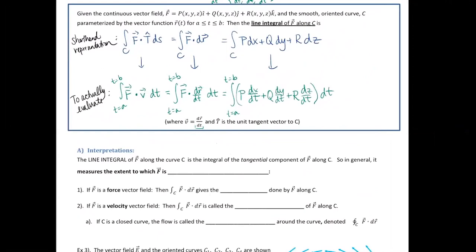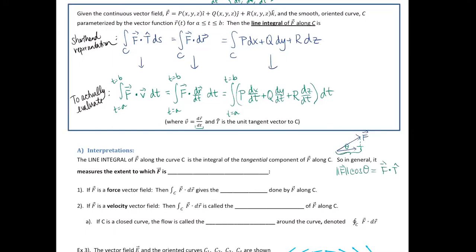Oh, and what I want you to think about also is, because I'm taking the dot product between F and a unit vector, unit tangent vector T, that's really a projection. If you recall, when I'm taking the dot product with just a unit vector, it gives me the scalar component of the projection here of F onto T, because this amount right here is just going to be magnitude of F times cosine theta, but that ends up being F dotted with T since T is a unit vector.